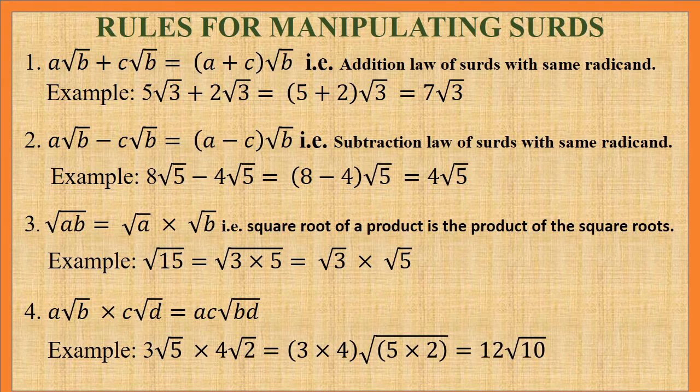We multiply outside terms, then multiply inside terms. So multiply 3 by 4, then we'll multiply 5 by 2. That gives us 12 root of 10.